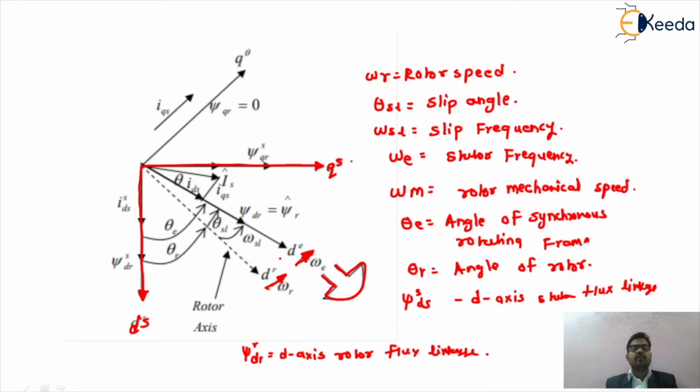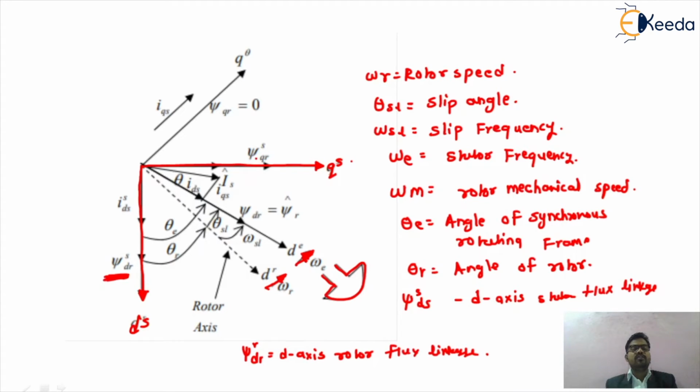From that rotor position, we get the values of the different terms. The d-axis component is responsible for the production of flux, so we get psi d rs, the d-axis rotor flux linkage, and psi qr, the quadrature-axis rotor flux linkage.